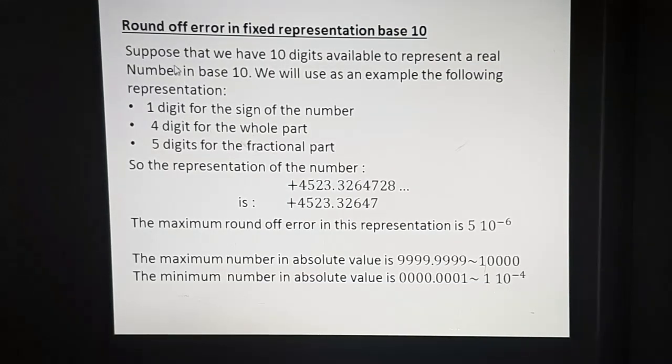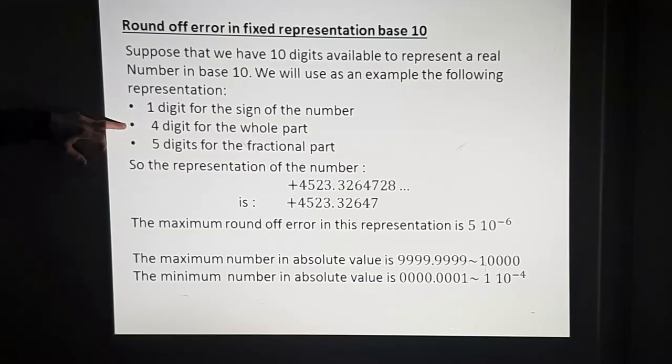So let's take an example in base 10, because you are used to base 10, and in what we call the fixed point representation. Consider, for example, that we have 10 digits available to represent a real number in base 10. For example, I will assign 1 digit for the sign of the number, 4 digits for the whole part, and 5 digits for the fractional part.